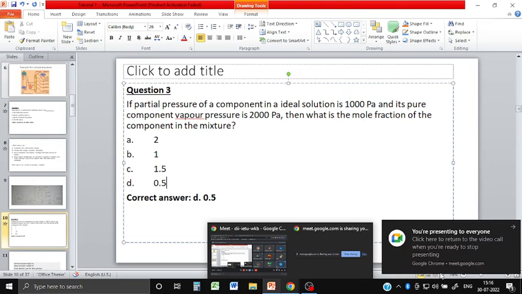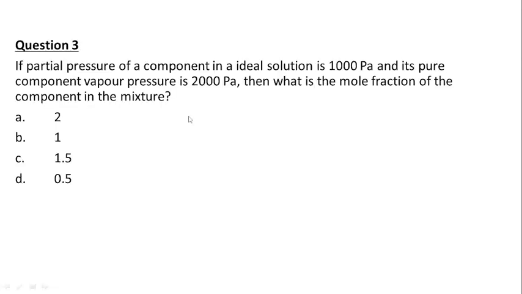Partial pressure to the total pressure. Partial pressure and total pressure are related by a different law, Dalton's law: the sum of partial pressures is equal to total pressure. But I was asking about Raoult's law, for an ideal solution.